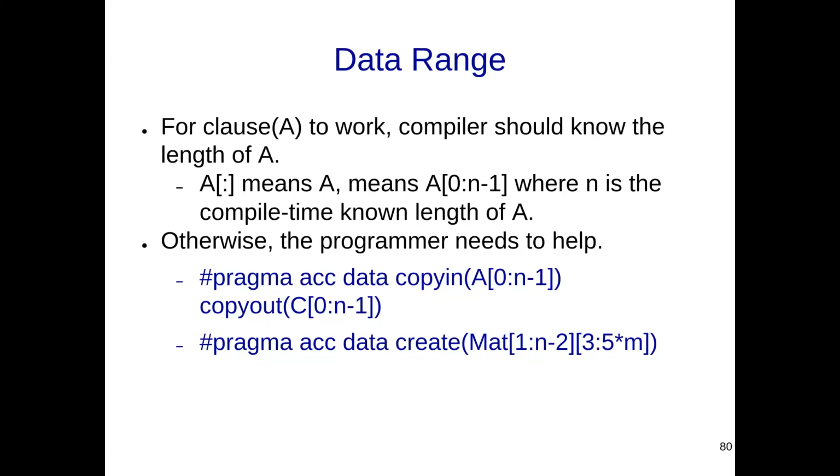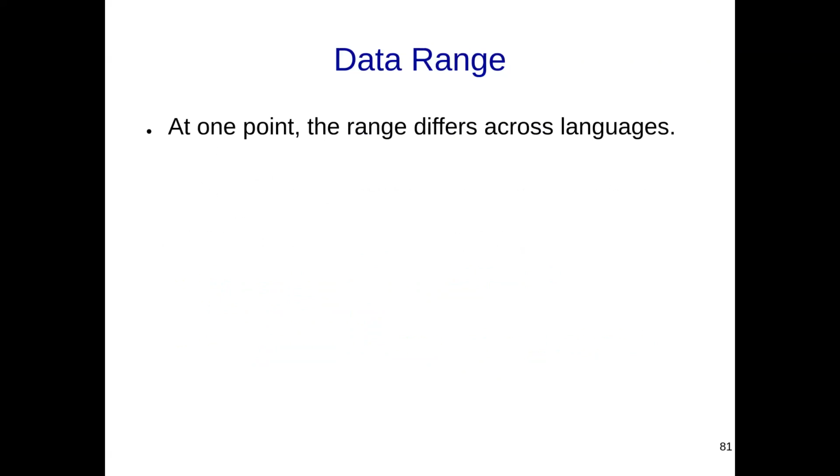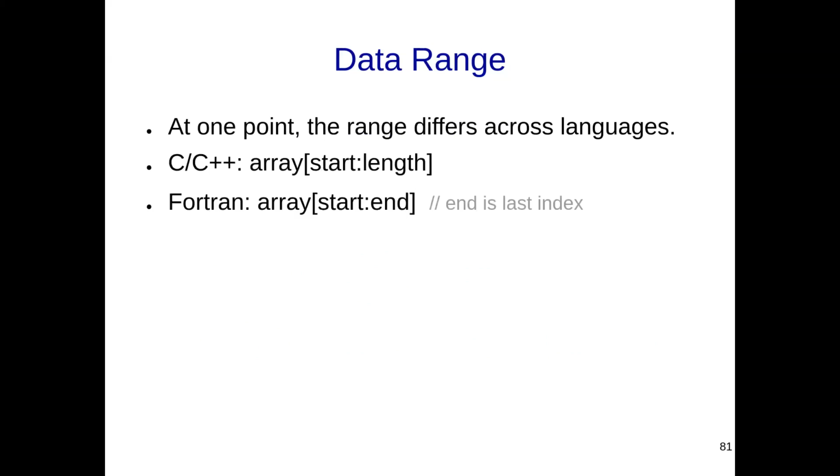All right. So this is what I wanted to convey, that while all these clauses are uniform across C++ and Fortran, only at this particular place there is a distinction between the two. In C++ the syntax is array followed by start colon length. That's why we have to write 0 colon n and not 0 colon n minus 1.